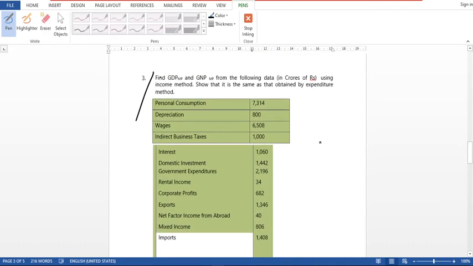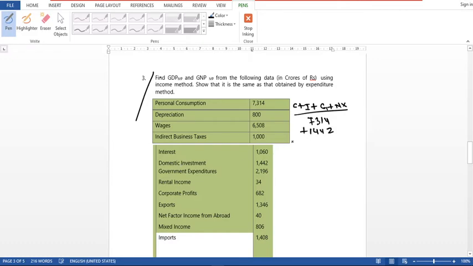Is it all right? So what is expenditure method? It is consumption plus investment plus government spending plus net export. Let me find out over here. Consumption, personal consumption is 7,314. Domestic investment is 1,442.